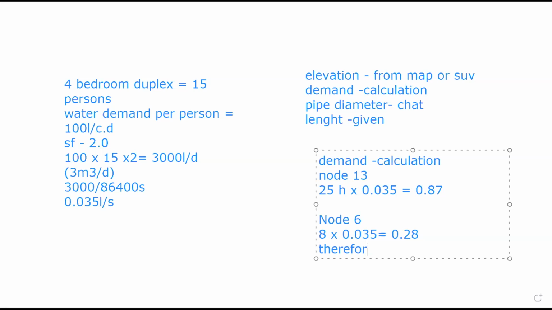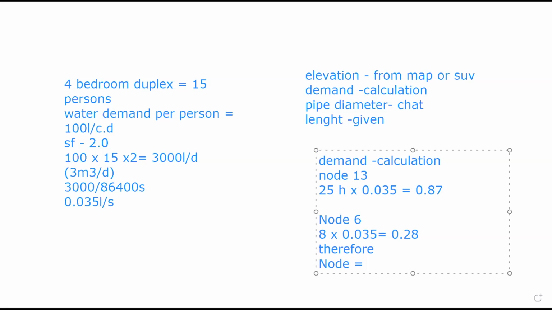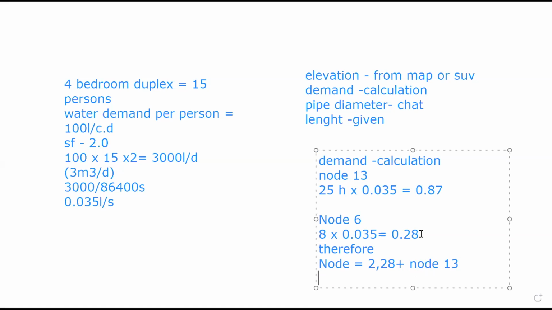Node 6 will now be equal to 0.28 plus node 13, which is 0.87.